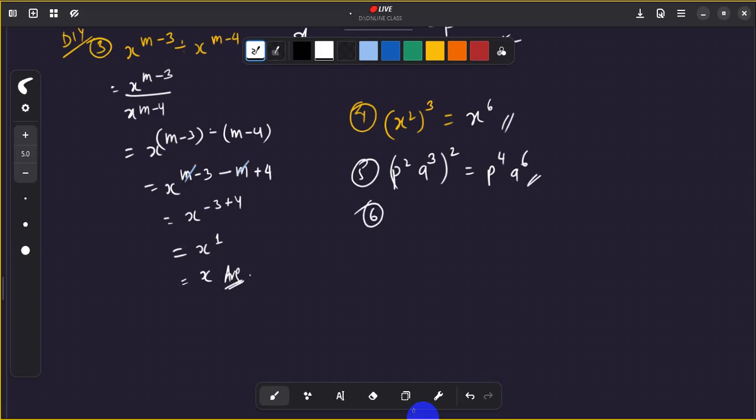Okay, now the next question will be x y square whole to the power minus 4. Okay, can you tell it? x y square whole to the power minus 4. 1 by x y square whole to the power 4.